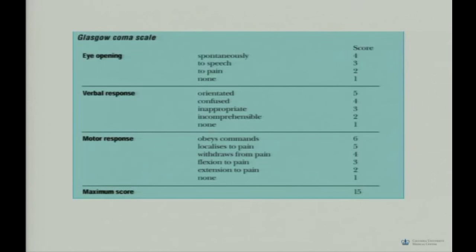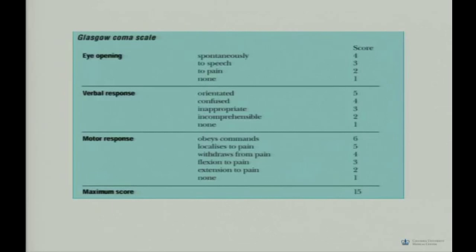So with the Glasgow Coma Scale, what we're really assessing is the level of spontaneous wakefulness in this person, okay? The level of spontaneous wakefulness or lack of it, and their ability to orient themselves to the environment.